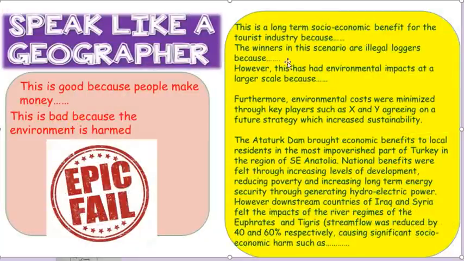As your openers and connectives, you want to be evaluating using the criteria. So a couple of examples here. Long-term socio-economic benefit for the tourist industry is this. The winners in this scenario are illegal loggers, however, this has had environmental impacts at a larger scale, a regional scale, national scale.